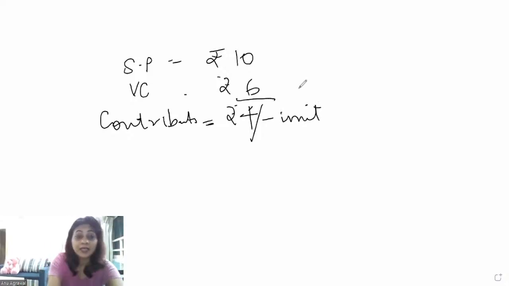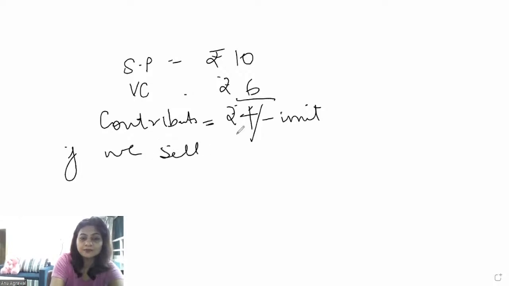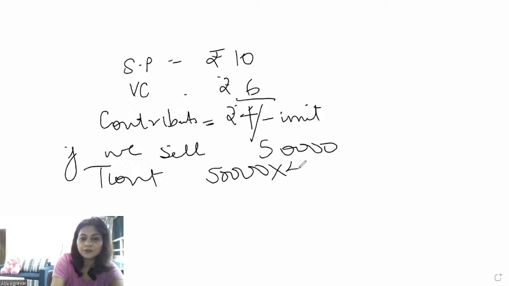So it says if we sell 50,000 units, the total contribution that I'll get would be 50,000 into 4, which is 2 lakhs.